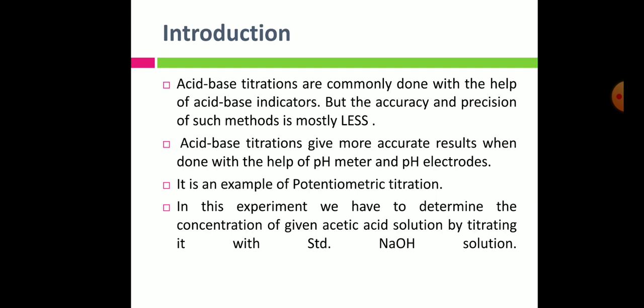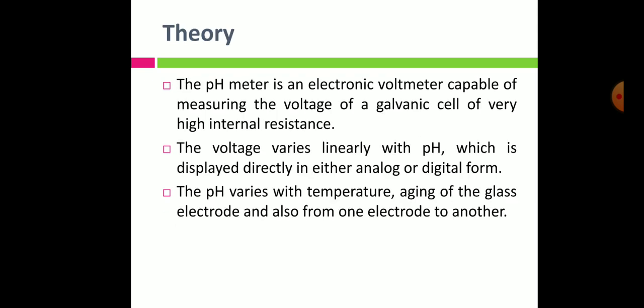Now the pH meter that we are using here is nothing but an electronic voltmeter which is capable of measuring the voltage of the galvanic cell in millivolts. The galvanic cell here is nothing but our combined glass electrode, which we will discuss in more detail on the next slide.